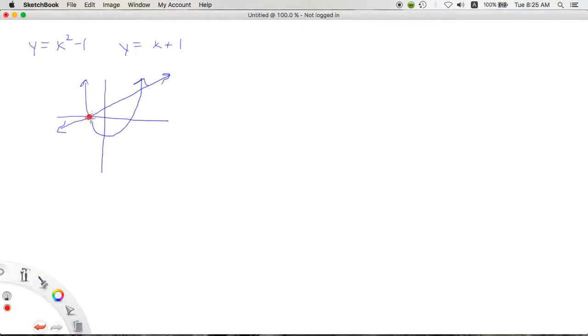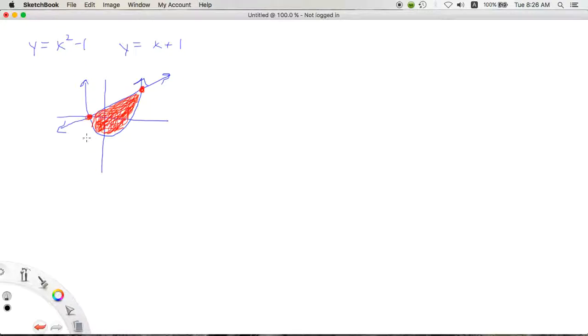Because if they just say find the area between these 2 curves, then what they're asking for is the enclosed area. So this enclosed area between the 2 intersection points. So what you can do is plug these in your calculator and find the intersection points, and that's going to give you what you're integrating. So go ahead and plug these into your calculator and find the intersection points.